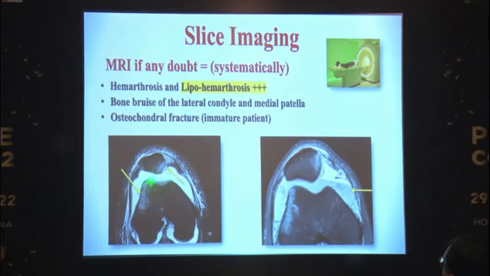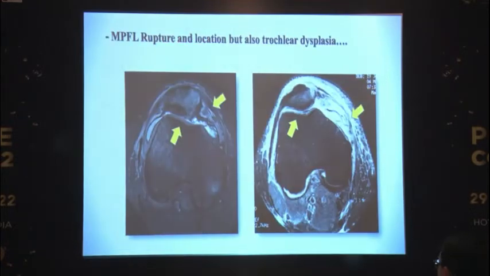But look at the trochlea. It's important to look at the trochlea also. And in immature patients, look at the osteochondral fracture, because sometimes you cannot see them on X-rays, but you will see them on the MRI. So you see the MPFL rupture, you see the trochlear dysplasia here. Always look at the trochlear dysplasia. It's very, very important.